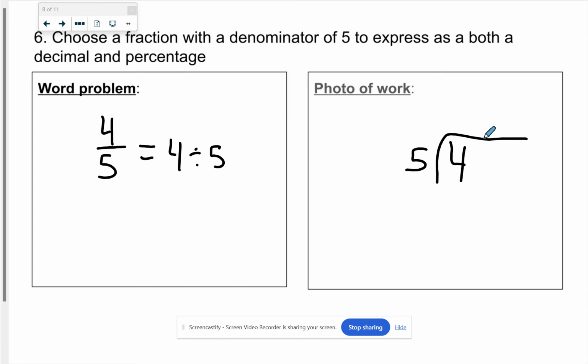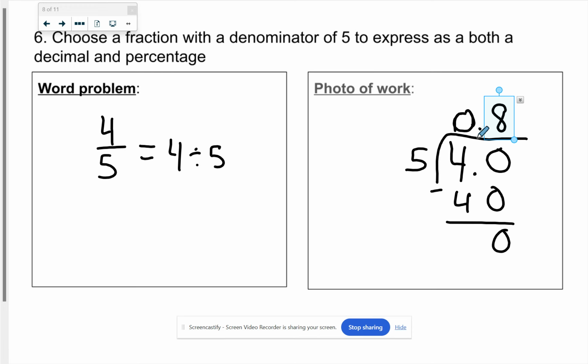All right, 5 does not fit into 4, so we're going to put a 0. But we're going to keep the problem going by adding a decimal point and a 0. 5 fits into 40 8 times. 5 times 8 is 40. Subtract, you get 0. So as a decimal, it is 0.8 or 8/10, if you will.